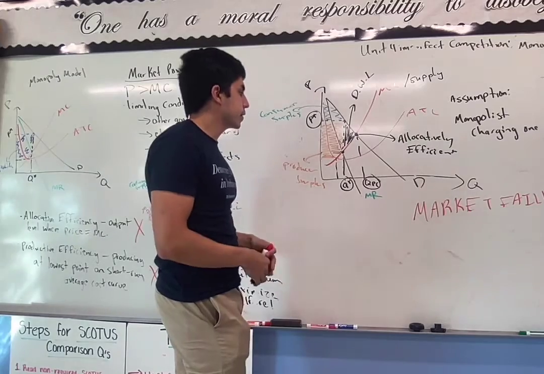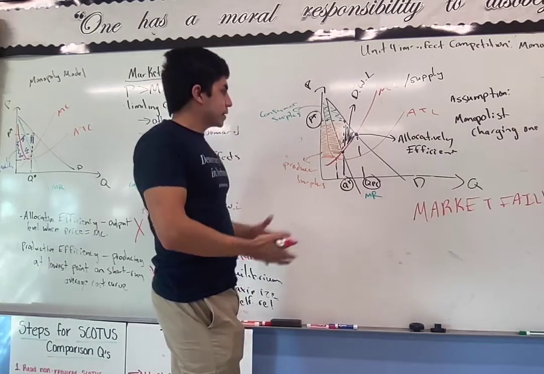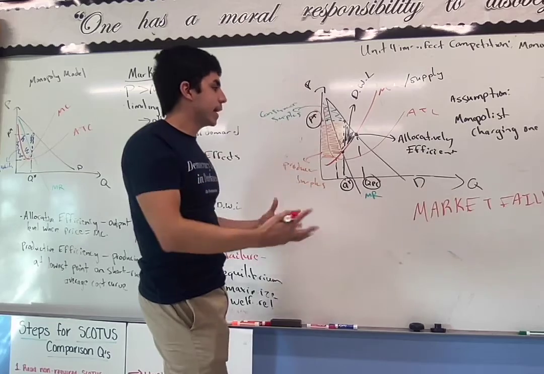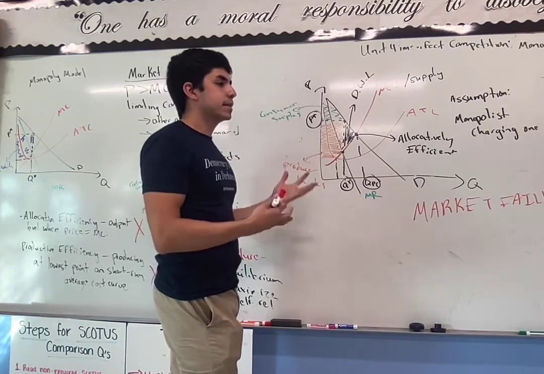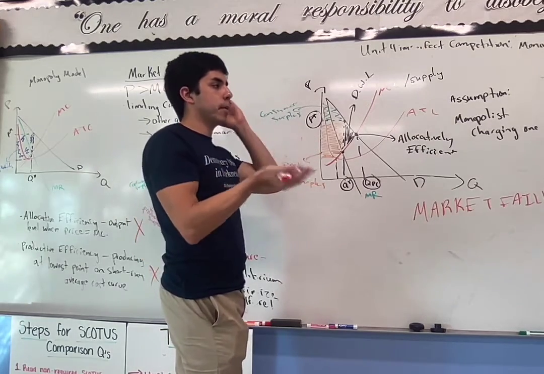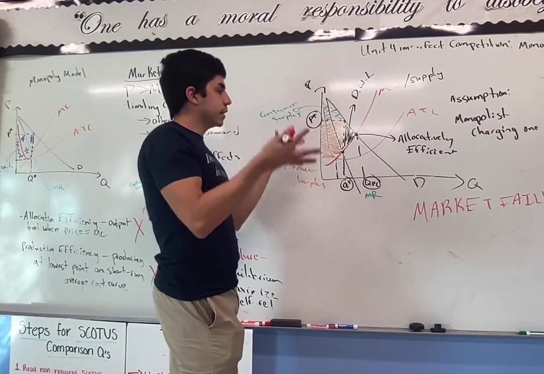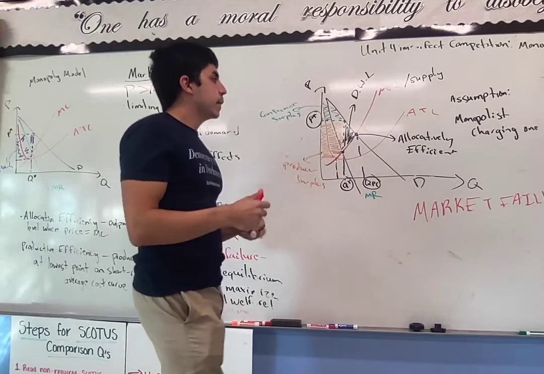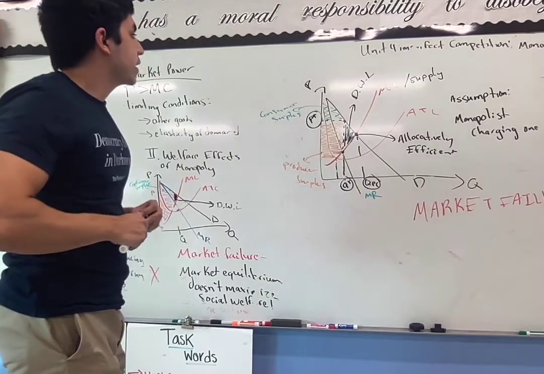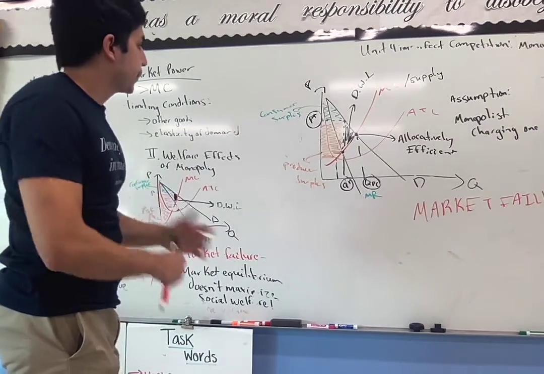That output is not being produced. And so, there's a lot of effects that we can see just by changing the structure of our market. So this complicates our economic analysis a little bit, but it allows us also to think about different types of firms and industries in the economy.